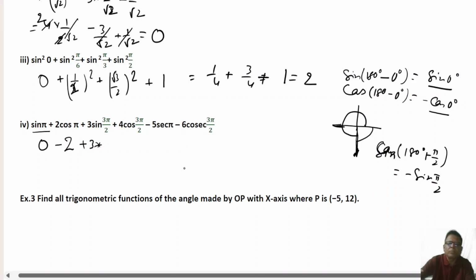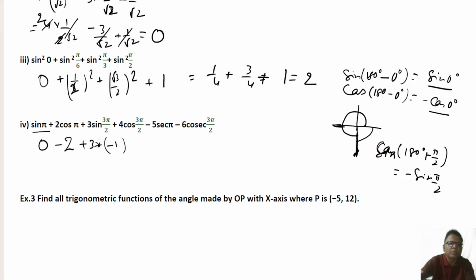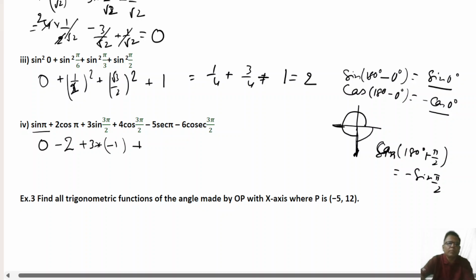So minus sin pi by 2 is minus 1. So here you multiplied by minus 1, plus 4 cos 3 pi by 2. So again cos 180 degree plus pi by 2 is equal to minus cos pi by 2. So cos pi by 2 anyway 0. So this will be 0.